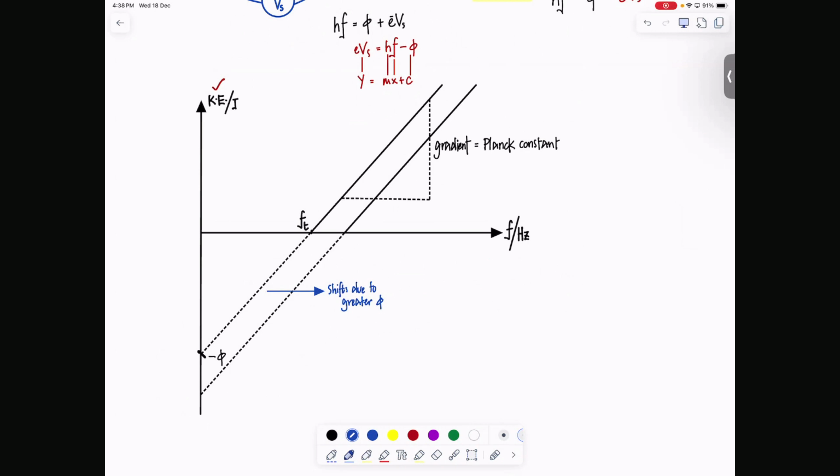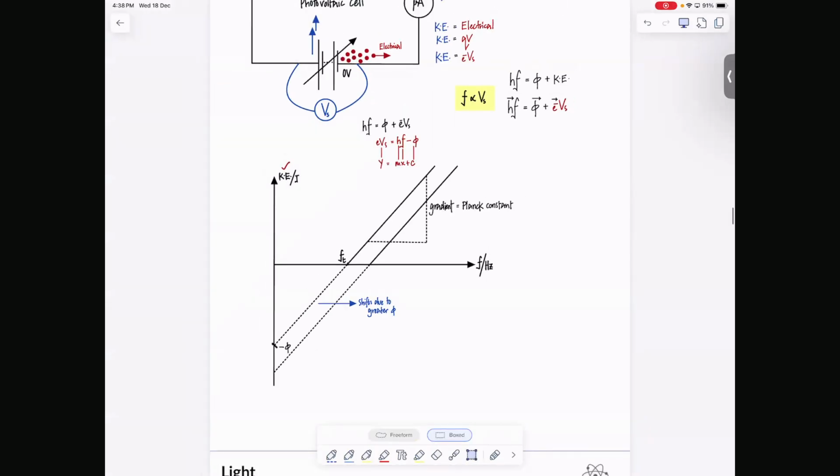A question, if I increase the intensity of my light, what happens to the graph? Yeah, the answer is absolutely nothing. Intensity has nothing to do with the photoelectric effect. The only thing that intensity can do is just make sure there are more number of what, released electrons, which is not part of this graph. Okay. So yeah, that is the end of the topic.